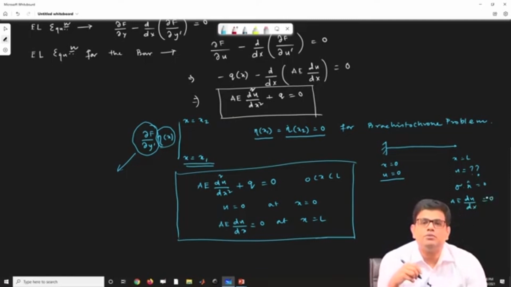There is another type of boundary condition you may encounter, but we will not discuss it in this course. That is the Robin boundary condition, or the mixed boundary condition, where the field variable as well as its derivatives are involved, or a combination of the field variable and its derivative are combined together to form a boundary condition.